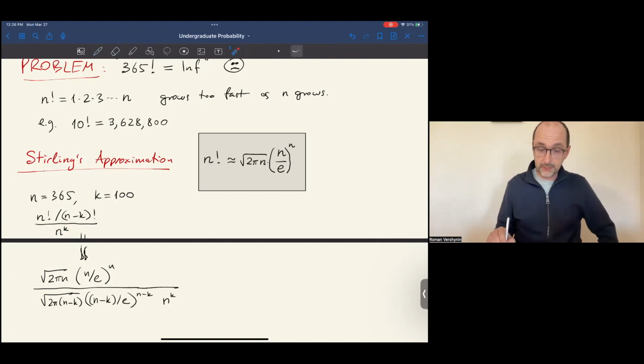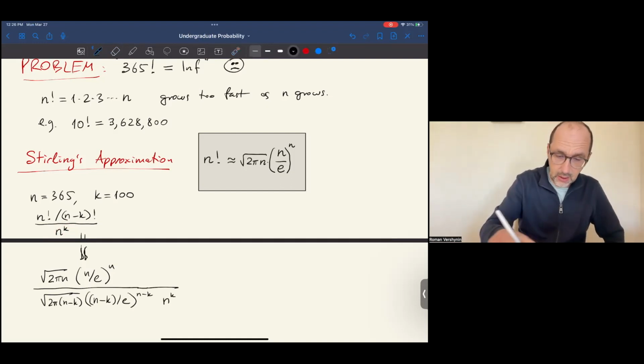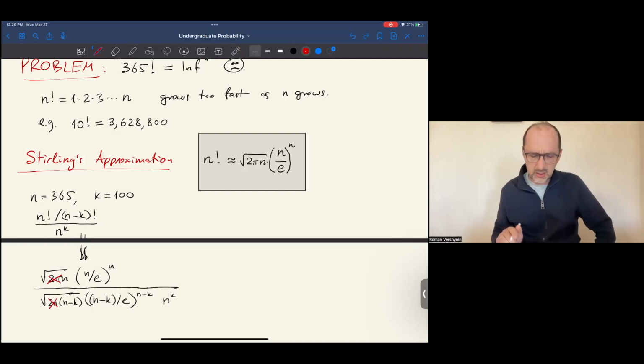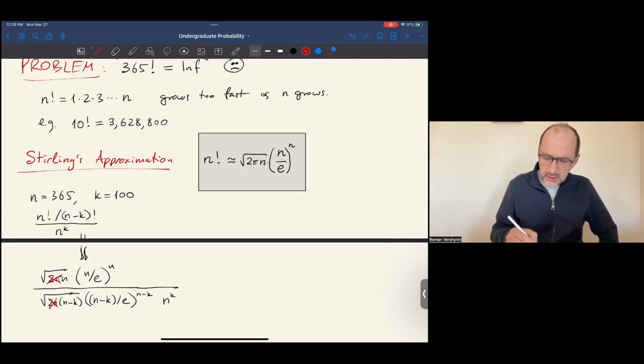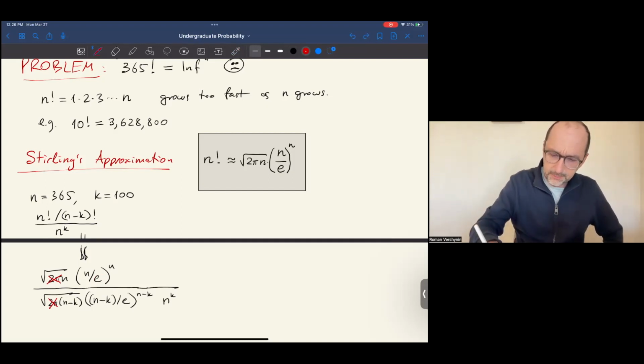The beauty of this formula is that things cancel. For instance, it's obvious in this formula that 2 pi will cancel, isn't it? 2 pi here and 2 pi will cancel, but that's not the main point. A lot of e to the n will cancel too. Do it by yourself.